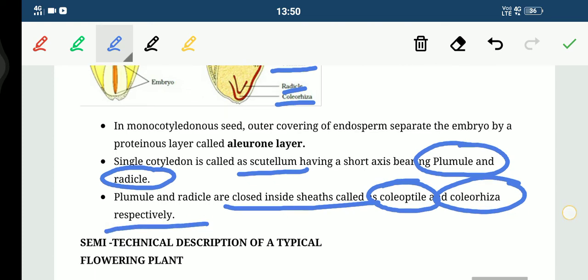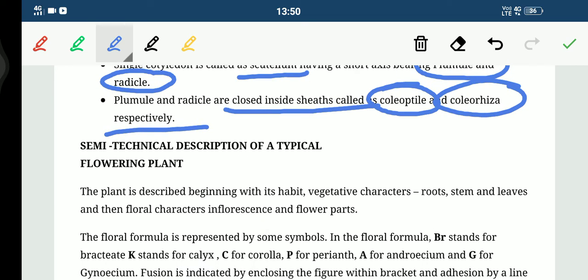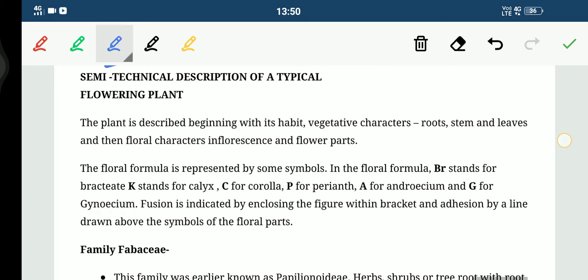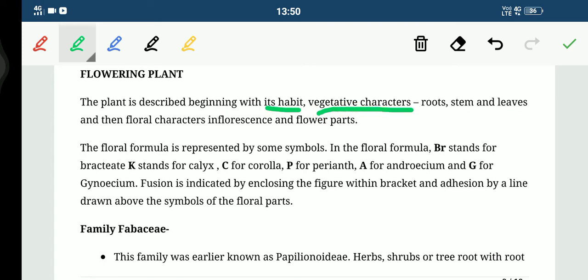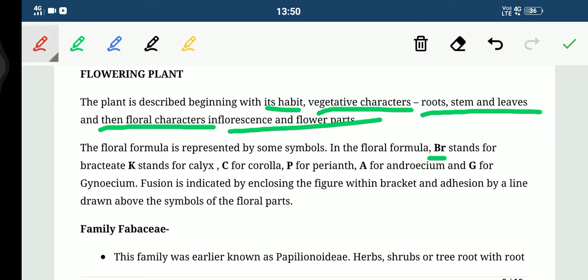Now students, a very important thing: there is a technical description of typical flowering plants. The plant is described beginning with its habit, vegetative characters like root, stem and leaves, and then floral characters like inflorescence and flower parts. The floral formula is represented by some symbols. Br represents bracteate, fine.